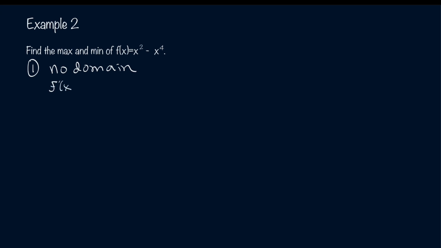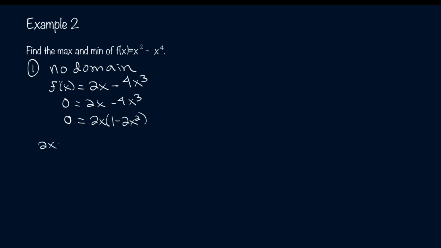So the derivative of f of x is going to be equal to 2x minus 4x to the third. And again, we're going to set that to 0. And then what we can do is get 0 equal to 2x times (1 minus 2x squared).